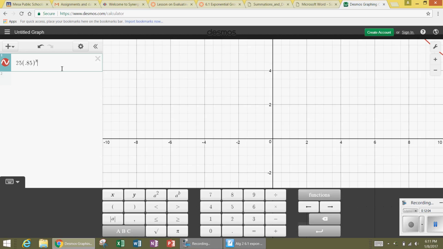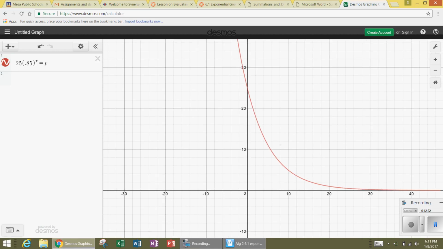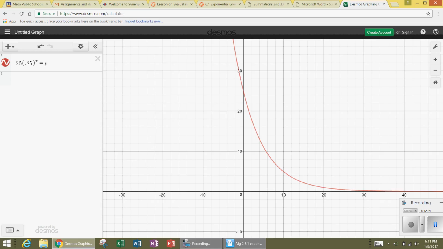And we're going to say equals y. So there's our function. So how come our graph isn't showing up? Well, remember, our graph is really starting at 25,000. So I'm going to zoom out here a little bit. And there's our exponential function.